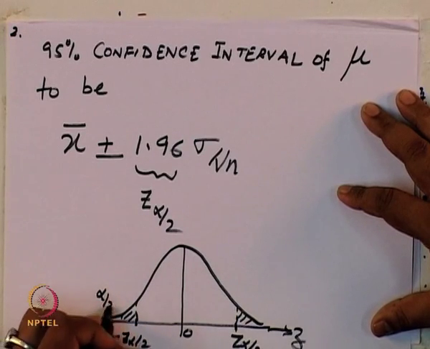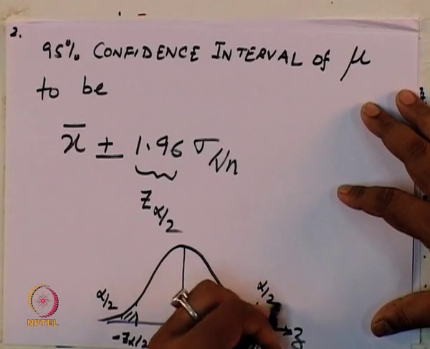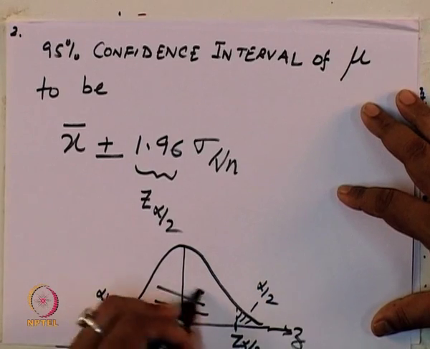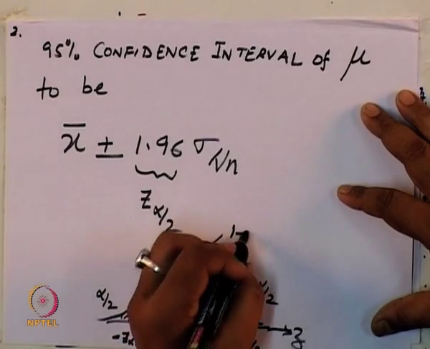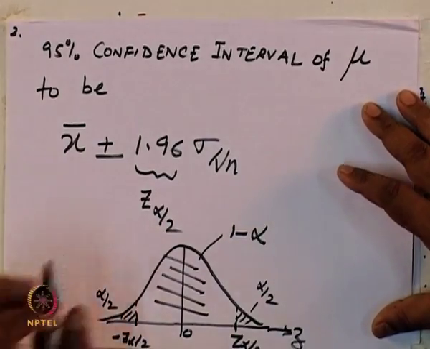So this area is alpha by 2, this area is alpha by 2. The probability under the curve will give you 1 minus alpha. We can prescribe the value of the confidence level and get the corresponding value of z of alpha by 2.